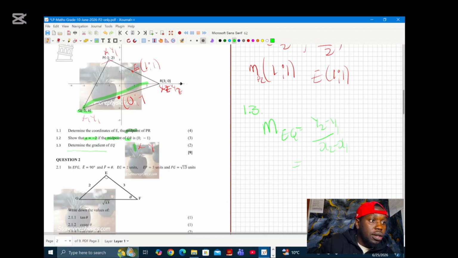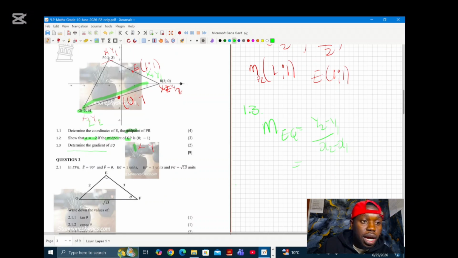Now we're looking for the gradient. Then E can be x1, y1, and Q becomes x2, y2. What is y2? We found that value to be -2. Even though they didn't give it to you at 1.3, at 1.2 they made it much easier for you where they said show that A is equal to -2.